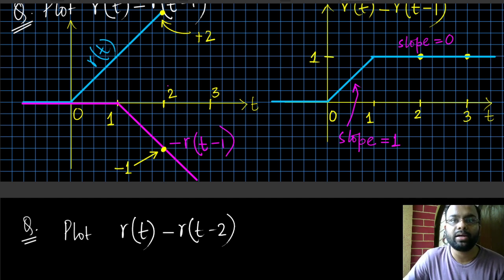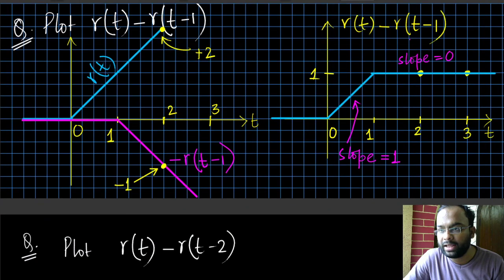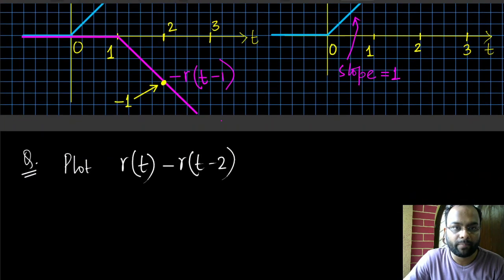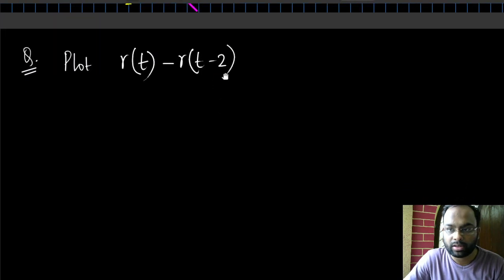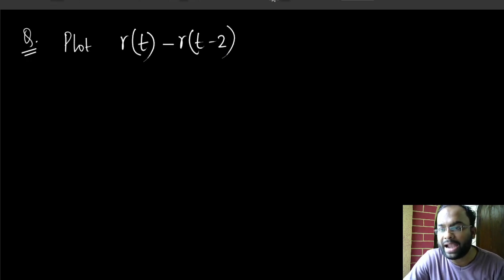So with that said, let me ask you this. So we have actually successfully plotted RT minus 1. So we have successfully plotted this. Let me add another component to this and ask you how you would actually draw this.